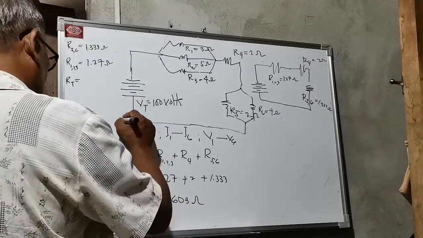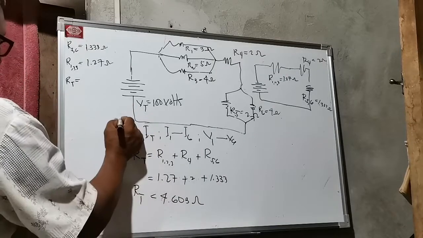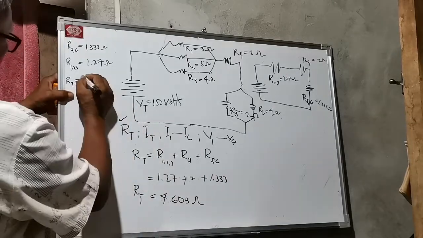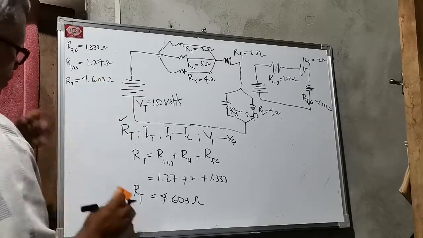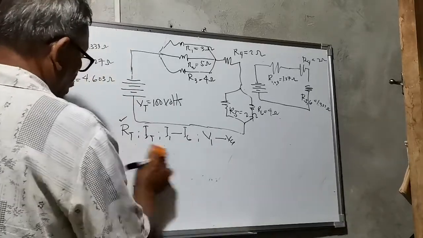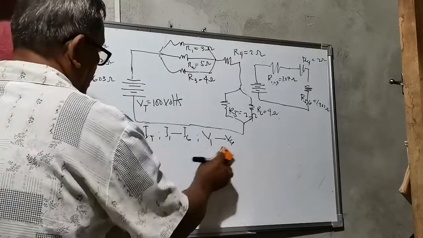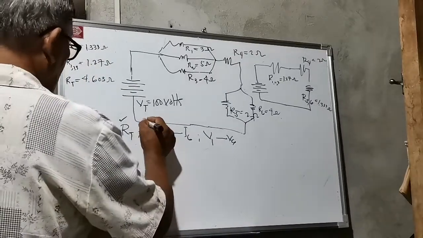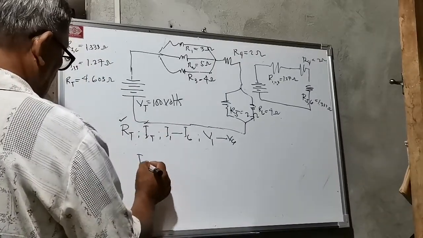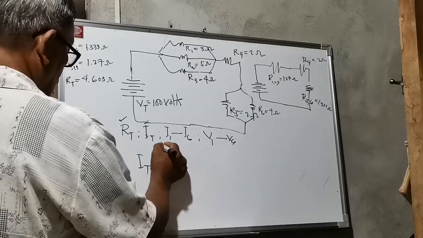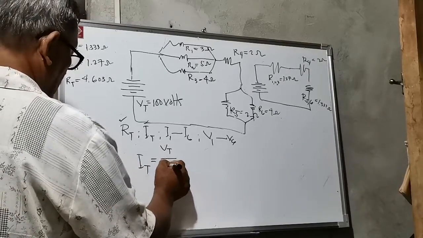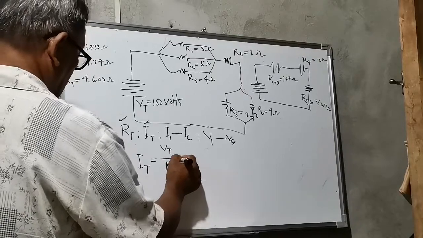We were able to solve one unknown, which is the R total. R total is 4.603 ohms. Now, we are going to solve for I total. I total, using the general formula of Ohm's law, is equal to the voltage total over the solved R total.